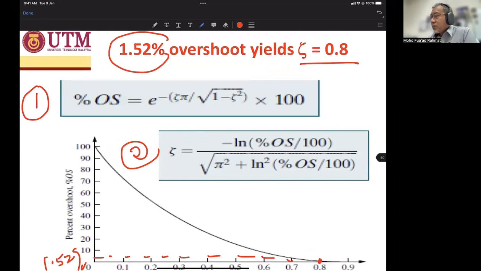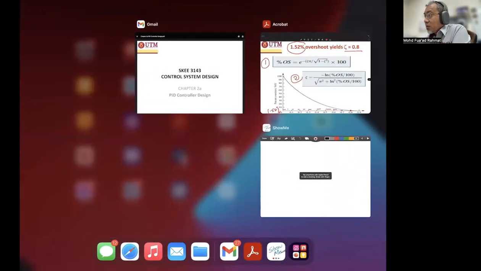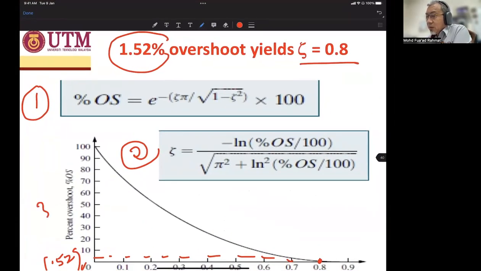If the graph is not given and the zeta value is not given, only one is given, how are you going to find the zeta value? If number 2 and number 3 are not given, this is method number 3.